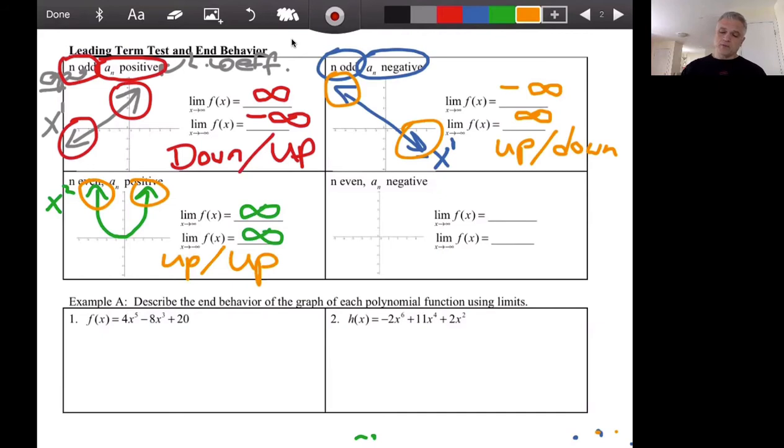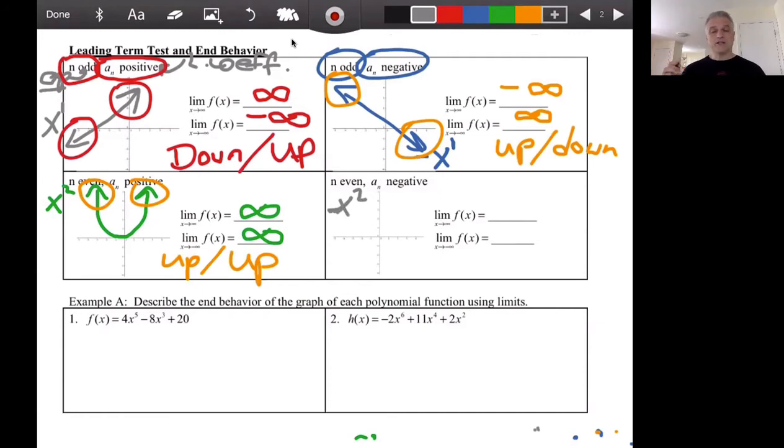So the last one, what if it's an even degree polynomial, but with a negative leading coefficient? Well, how about negative x squared? It's negative, right?